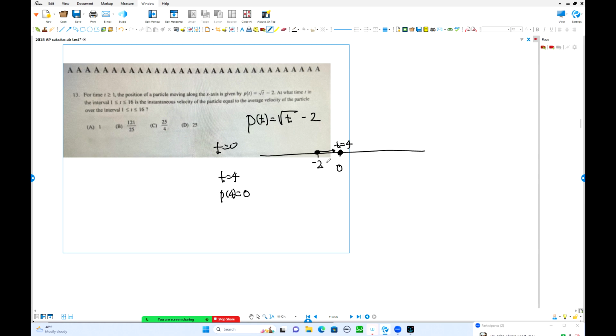The instantaneous velocity of the particle at time t in the interval is equal to the average velocity of the particle over 1 to 16. This one is the instantaneous velocity.